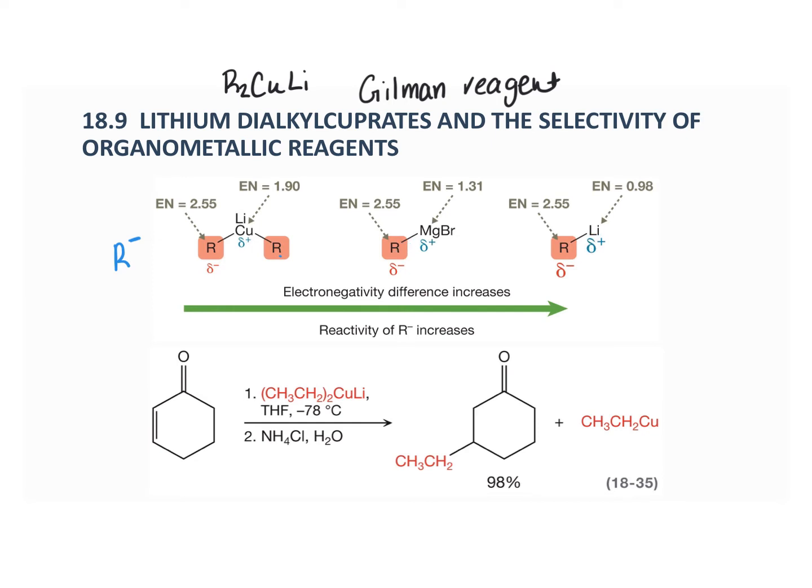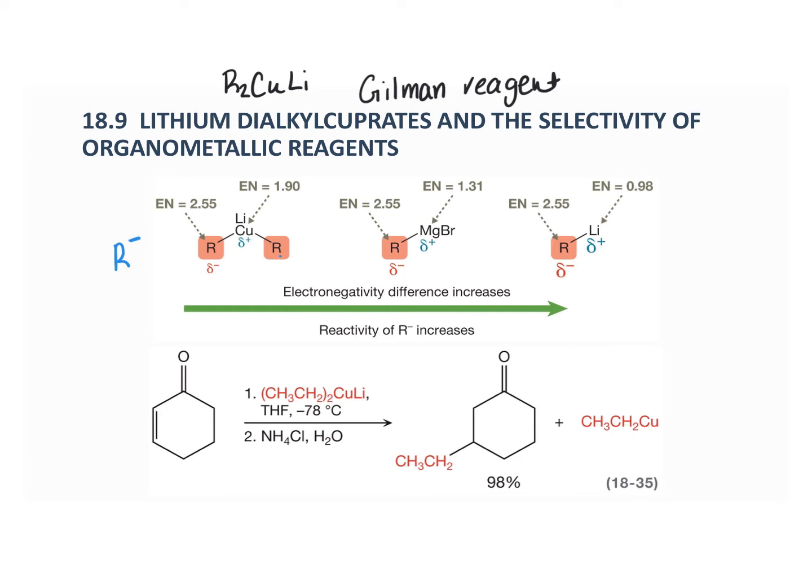And when we say they're less polar, the electronegativity difference here and here is more than here. Unlike alkyl lithium and the Grignard reagents, the lithium dialkyl cuprates tend not to undergo direct addition to a polar pi bond, right? So they're not going to undergo the direct addition here.